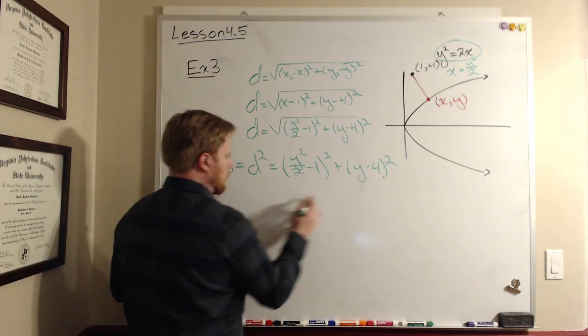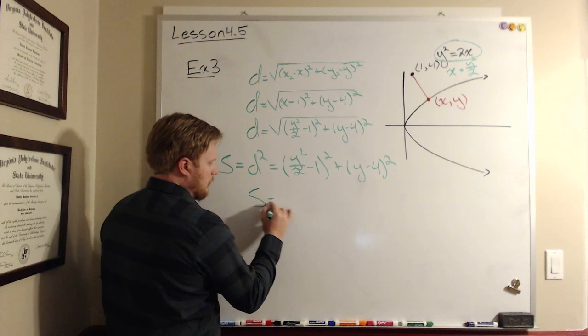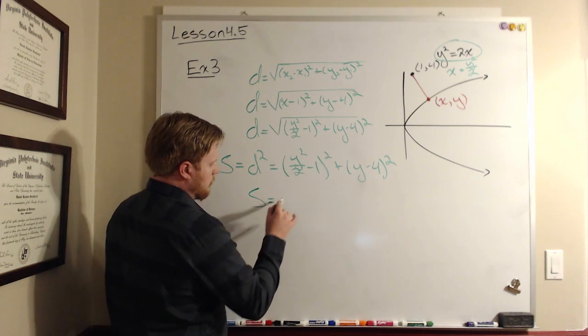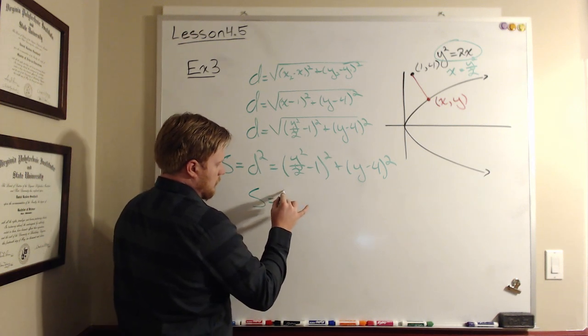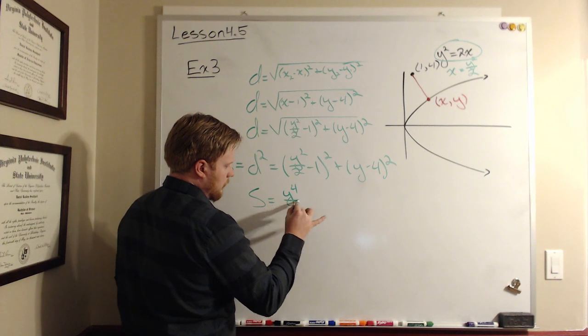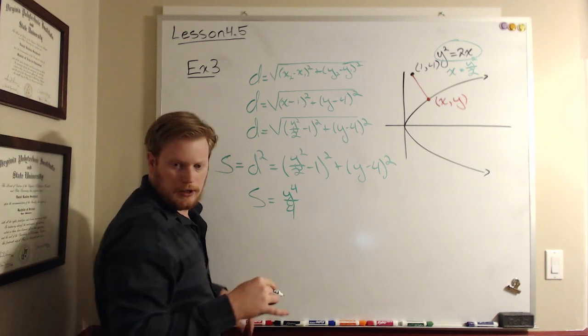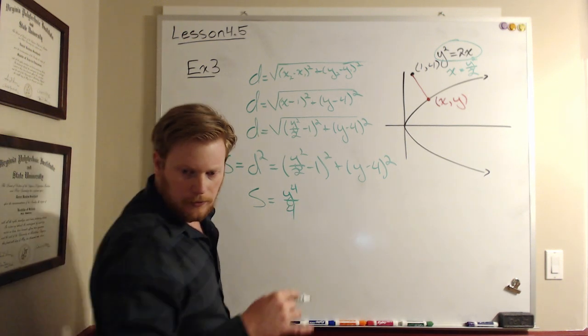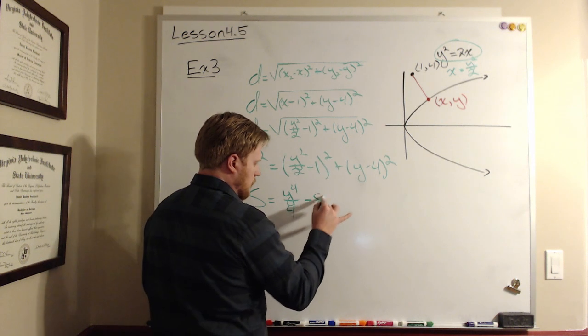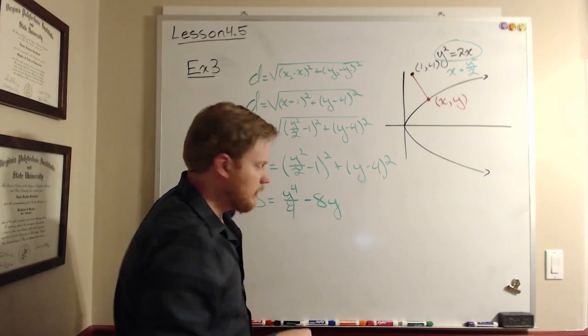So what I'm going to first do is simplify this. S is equal to, what is this? Y to the 4th over 4 minus 8y plus 17.